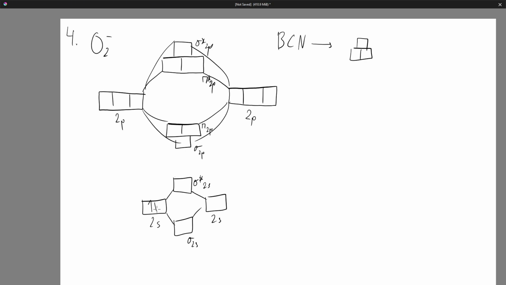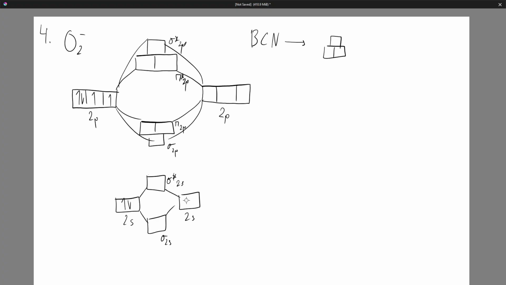So it's 1, 2, 3, 4, 5, 6, and 7 is going to be here on the right side. 6 plus 7 is 13, which is what we have.